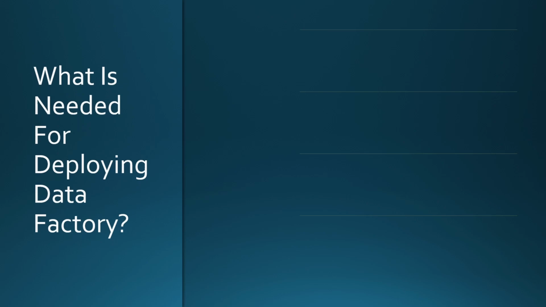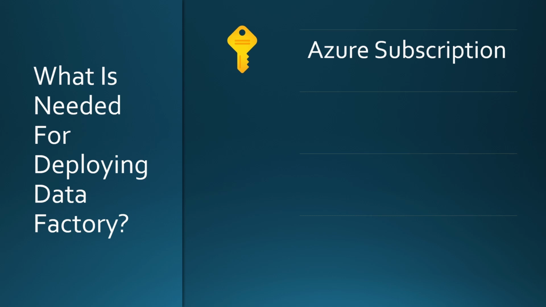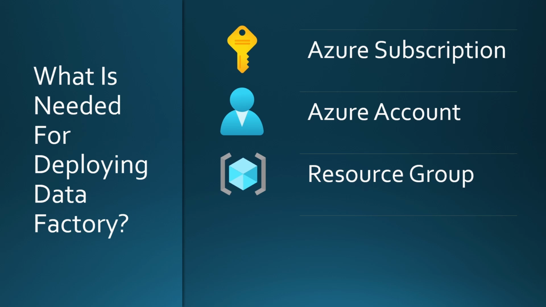So, what do you need if you want to try out the Data Factory? First things first, you would need some type of Azure environment, meaning an Azure subscription. Then you need an Azure account to log into that subscription. The third thing that you need is a resource group in Azure. I'm not going to cover resource groups in much detail in this video, but basically you can think of it as a container for all of your Azure resources, so it logically groups them nicely together.